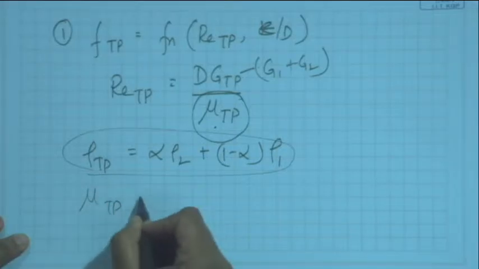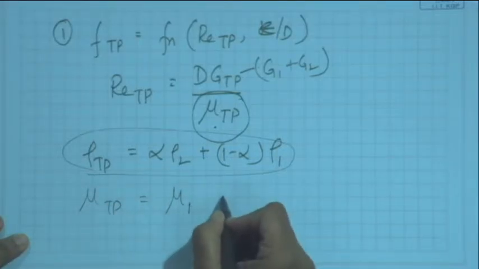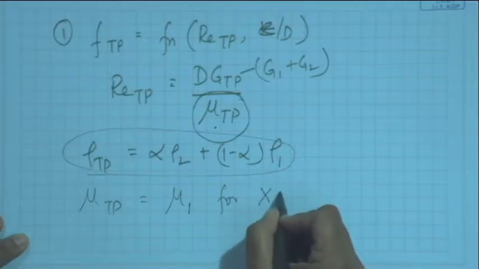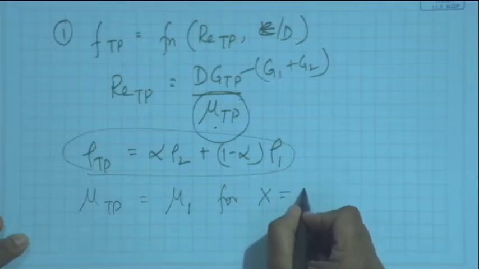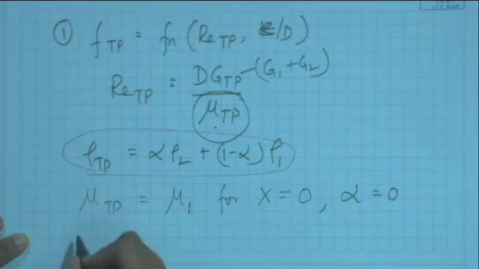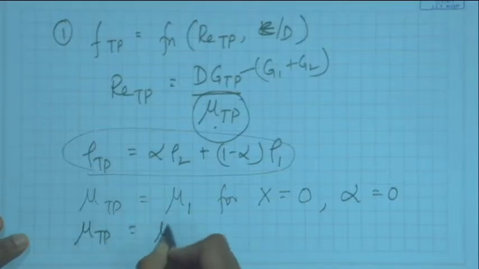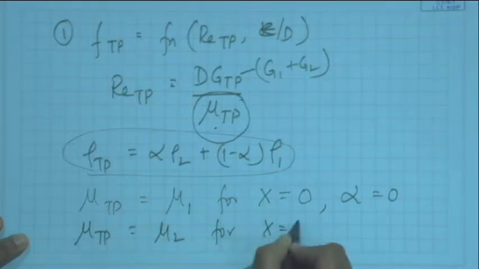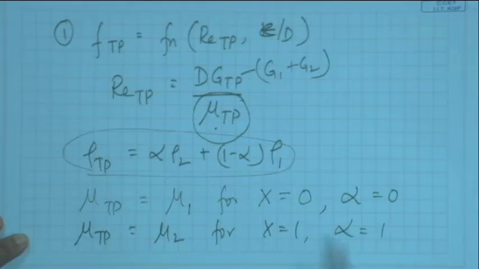So, what is the conventional thing which is done? The conventional thing is we propose some suitable averaging law for mu TP in terms of composition, and ensure that mu TP reduces to mu of phase 1 for the quality of phase 1 to be 1, or rather x equals 0 and alpha equals 0, and mu TP equals mu 2 for x equals 1 and alpha equals 1, whatever be the case.